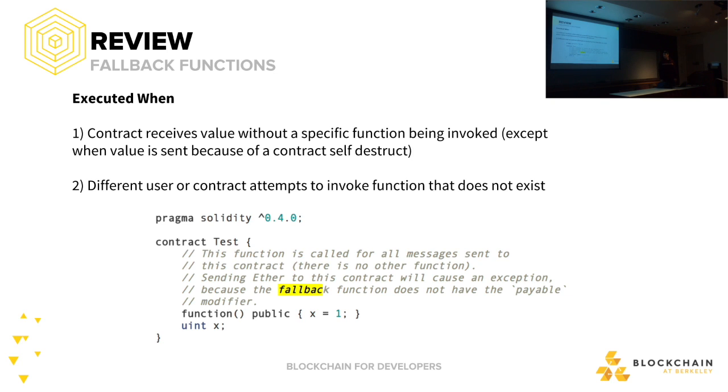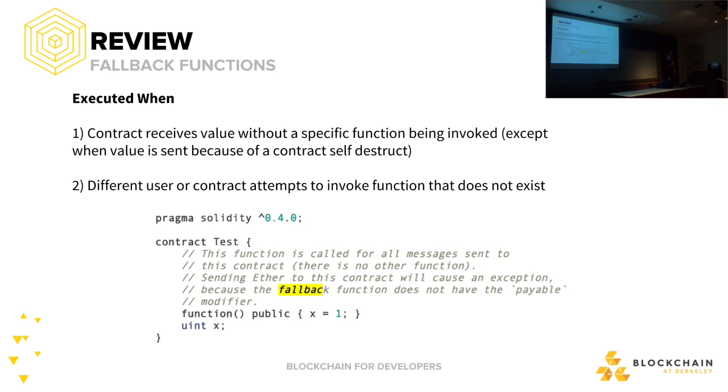In the case of this lab, what's important has to do with the fallback function payability. There's a specific keyword that we want to add to our fallback function that says quite literally payable. If the fallback function is labeled as payable, then in case number 1, when a contract tries to receive value, you aren't going to run into any errors.